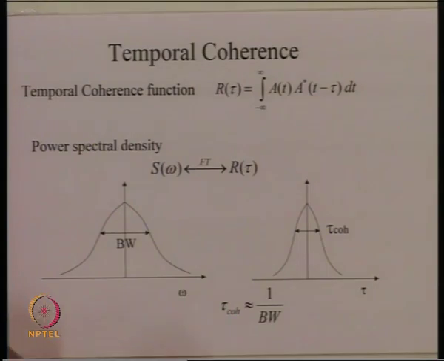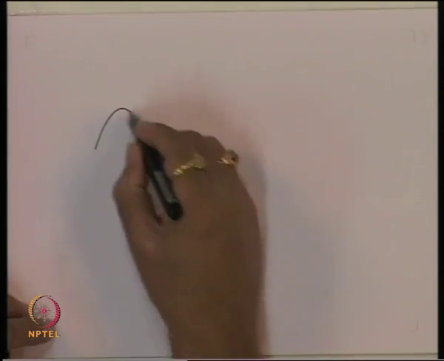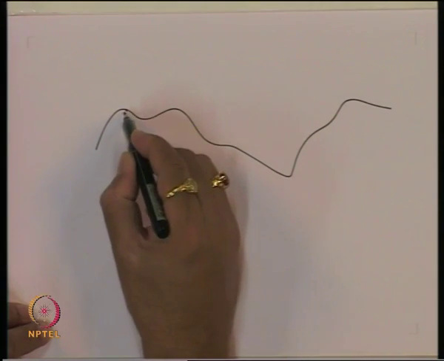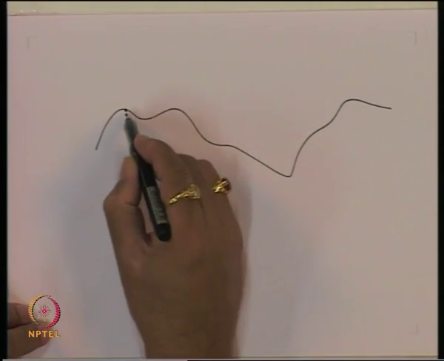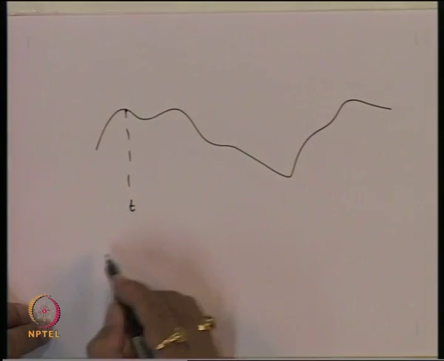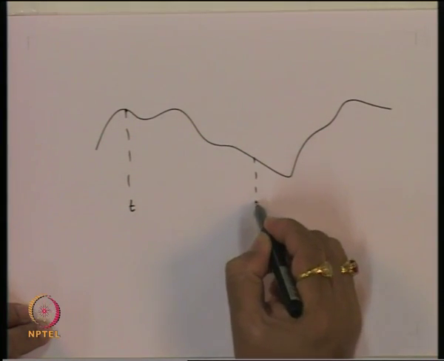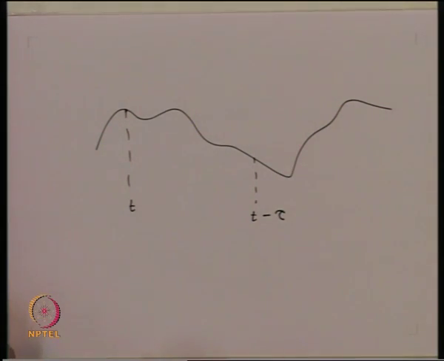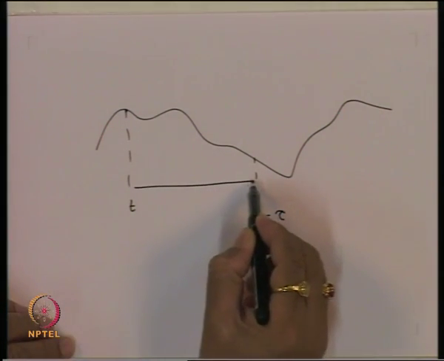What that means is, if you have an arbitrary time function, you just take sample points. So, I have a certain function which is like this. I consider some point here at some time t, and I consider another point here which is at t minus tau, where the difference in time is tau.